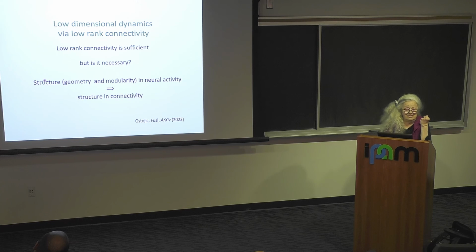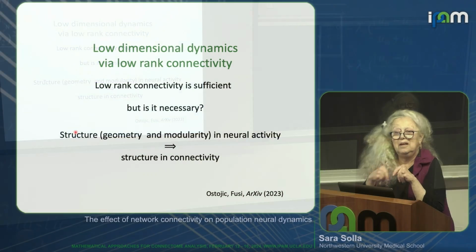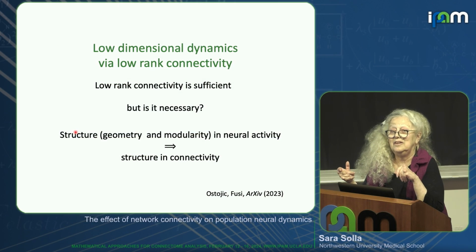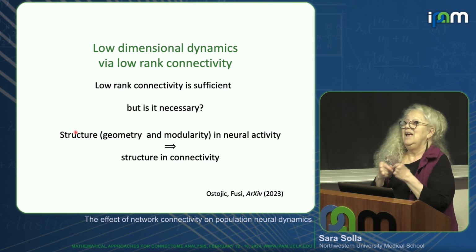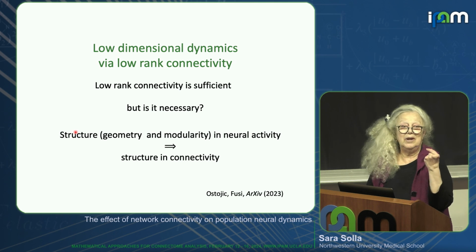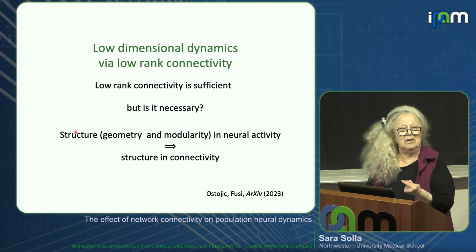But is it necessary? There is another lovely recent paper on the arXiv from Srdjan Ostojic and Stefano Fusi, where they argue that this structure, the geometry and the modularity in neural activity, implies a structure in the connectivity. And the question is, how are these two things related? To which extent does the prevalent observation of low-dimensional dynamics tell us something?